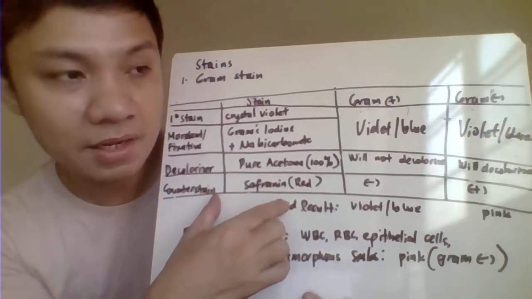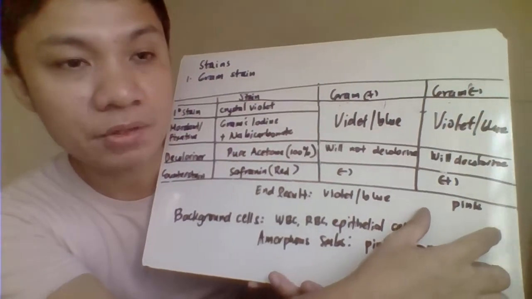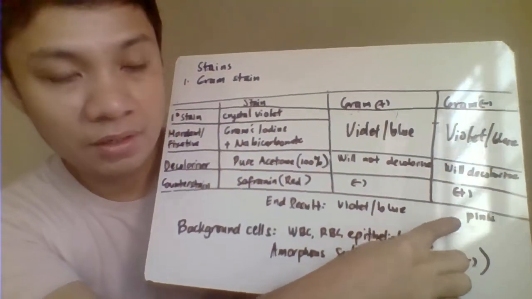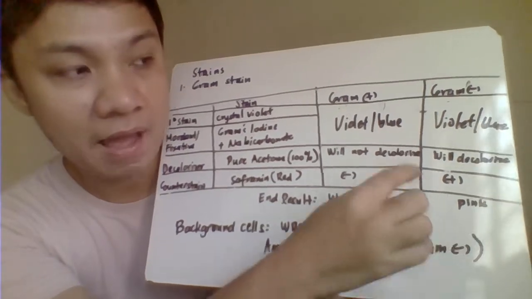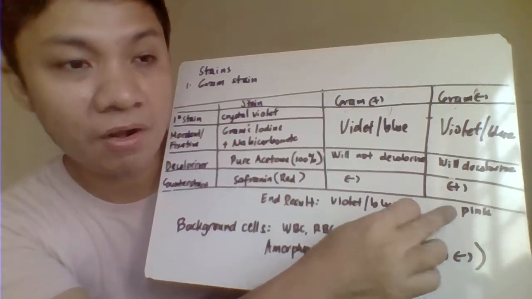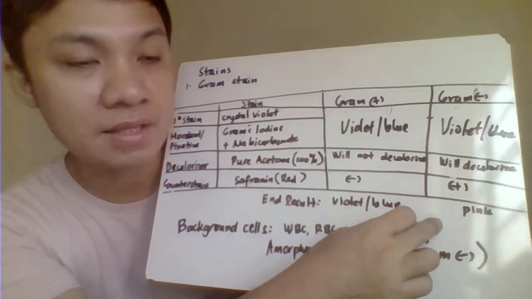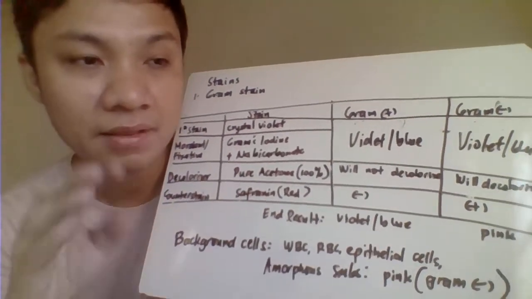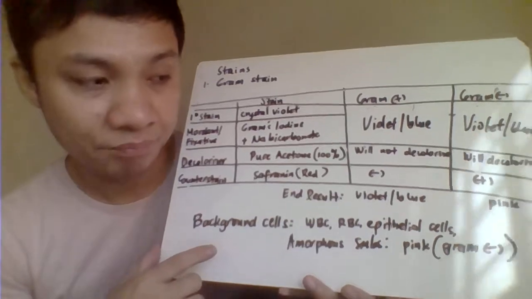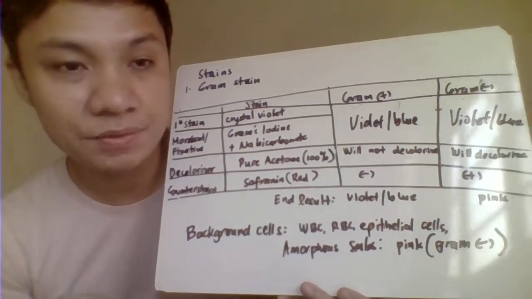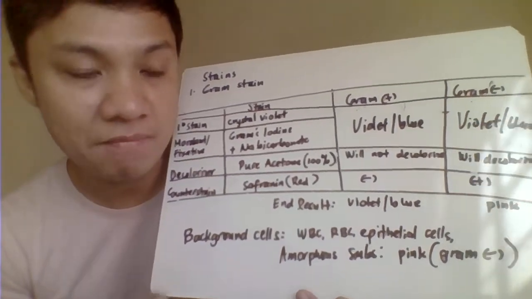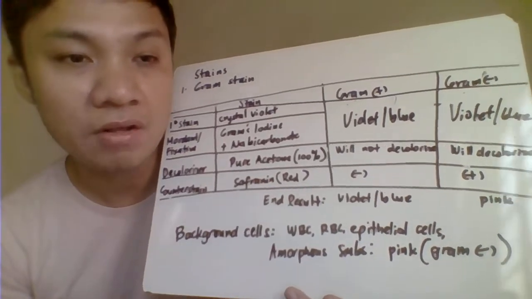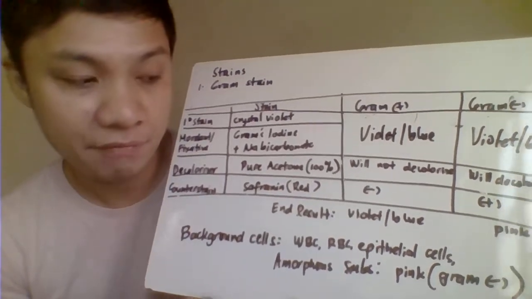Your safranin is red in color, so the gram-negative retains the color of your secondary or counter stain, which is pink or red. So if you see red or pink bacteria after gram stain, you consider that gram-negative bacteria. On the other hand, the blue or violet color is your gram-positive.